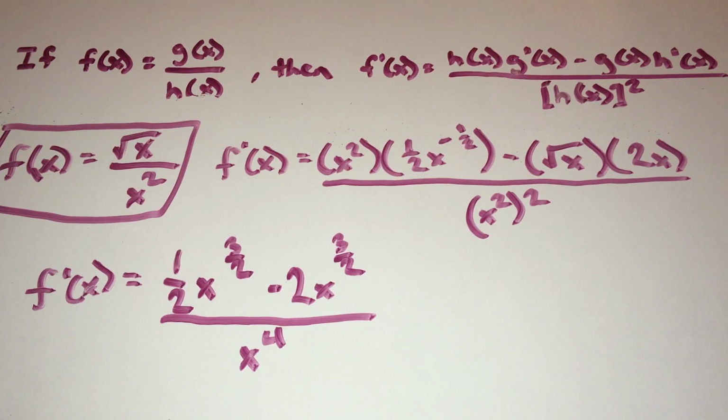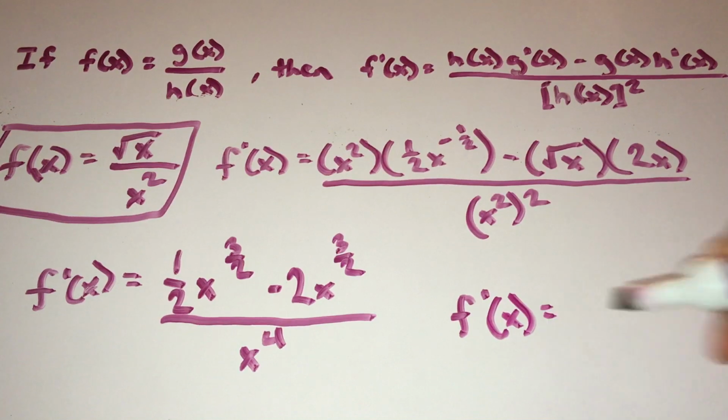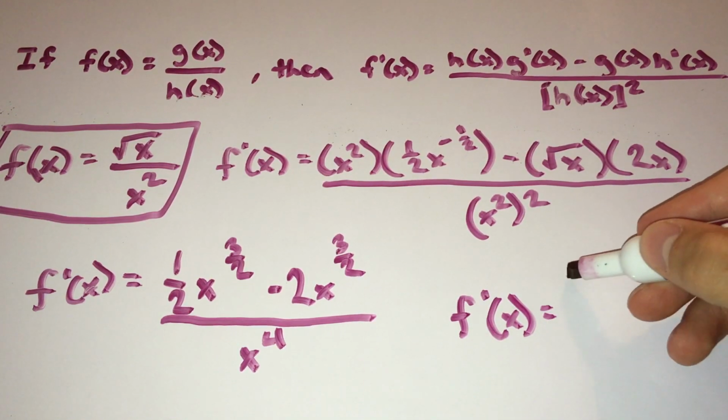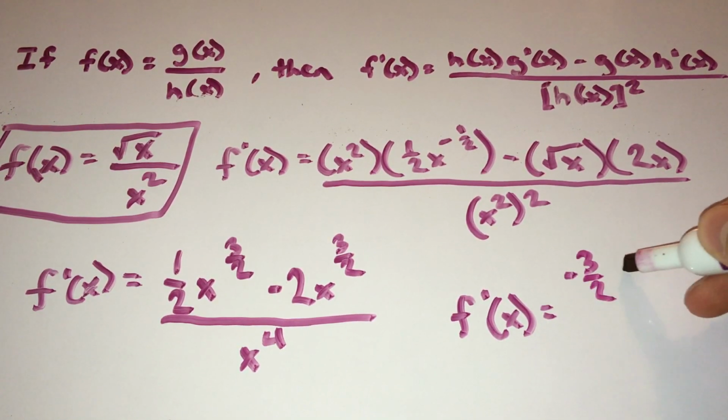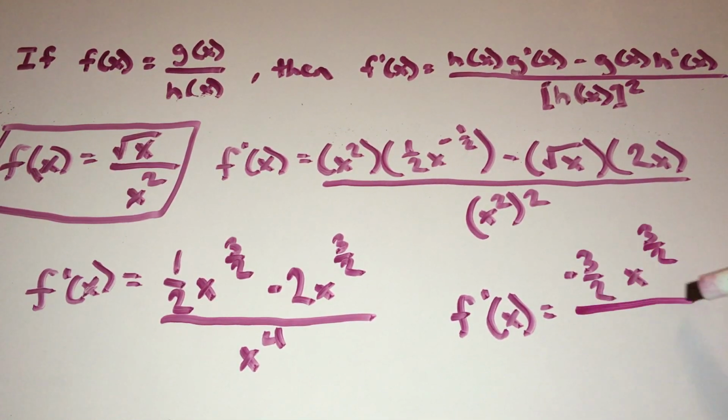Now 1/2 x to the 3/2 power minus 2x to the 3/2 power is going to equal -3/2 x to the 3/2 power. And then we'll have all of that divided by x to the 4th.